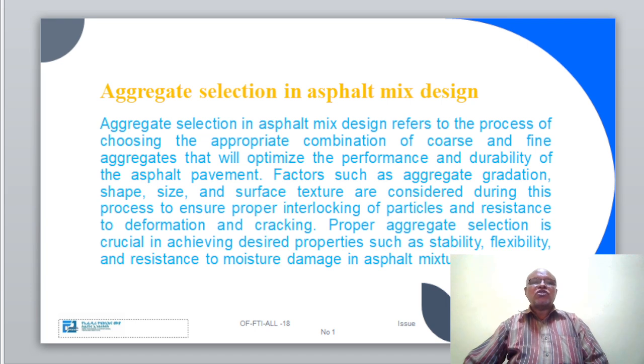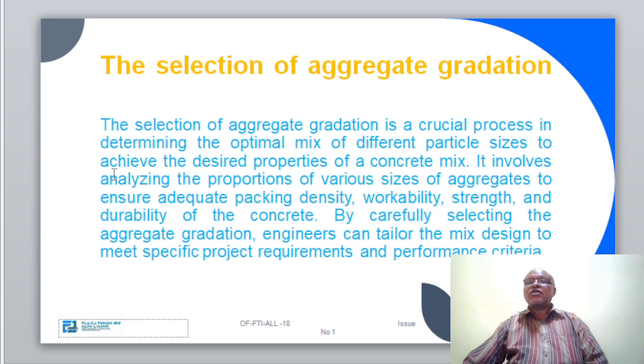Now let us proceed to the selection of aggregate gradation. When it comes to asphalt mix design, the selection of aggregate gradation plays a crucial role in determining the performance and durability of the pavement. Aggregate gradation refers to the distribution of particle size within the aggregate mix. It is typically represented in terms of a particle size distribution curve, such as the Fuller curve or gradation curve.